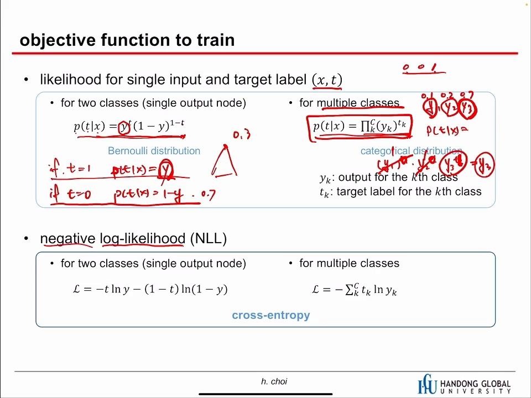So just take a log to this function and then take a negative, then we have this one. It's simple. Or if we take negative log to this one, then we have negative sign here, and then instead of a product we have a sum, and we take a log, then we have tk times log yk. Okay, this is cross entropy.